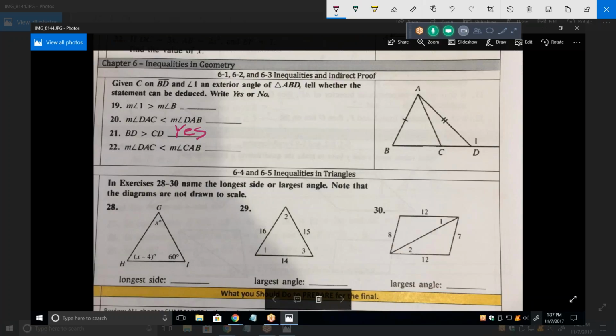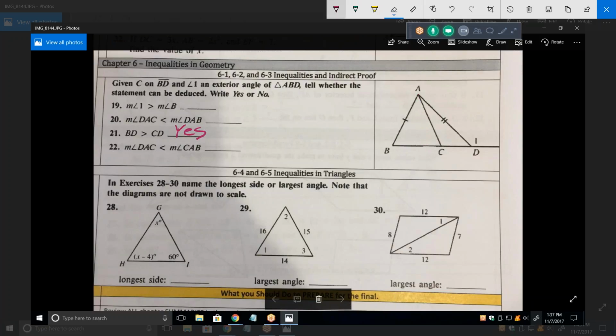Hold on a second. If we were to redraw this so that that is AD, it would still not be the same as AB, right? Now, I can't really say that BD is greater than CD. Well, I could, but I could draw it even weirder still.